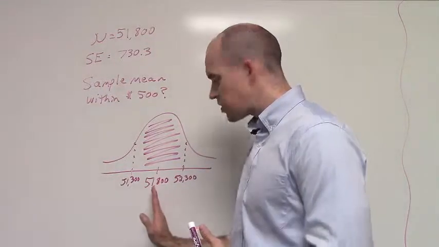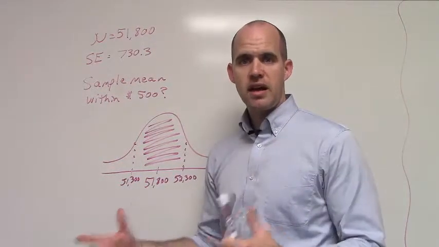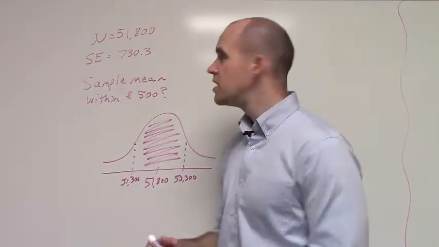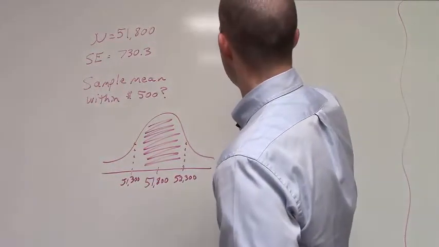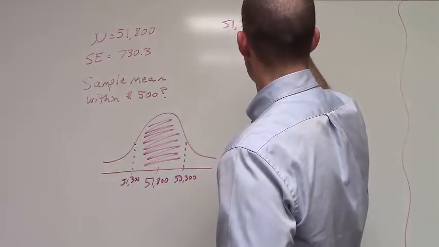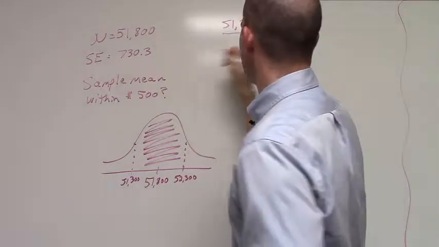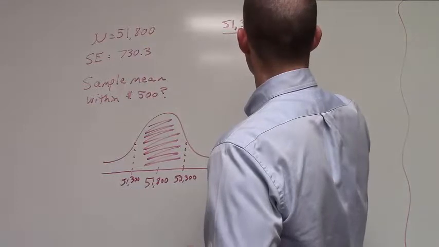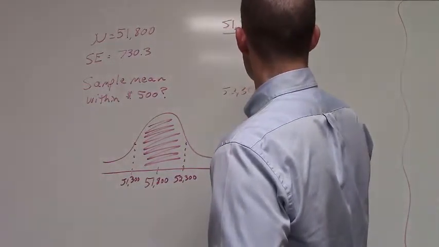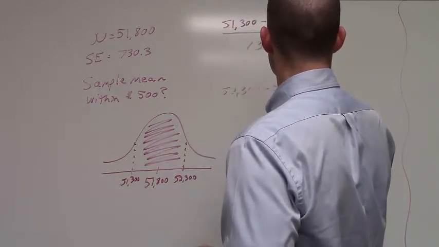So that's forcing our mean, the standard normal probability distribution, forcing our mean to 0, and every other value is how many standard deviations away from the mean is it. So we've got the 51,300 minus our population mean, 51,800, and then we're dividing that by our standard error, 730.3. And then I've got 52,300 minus 51,800.